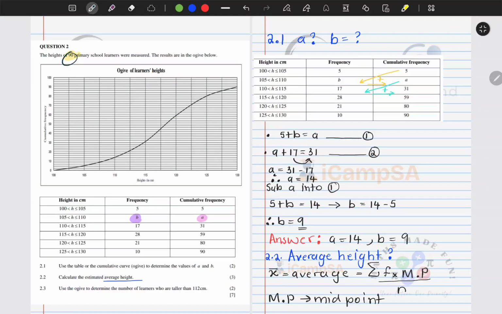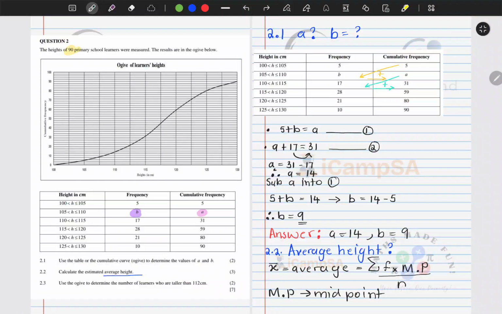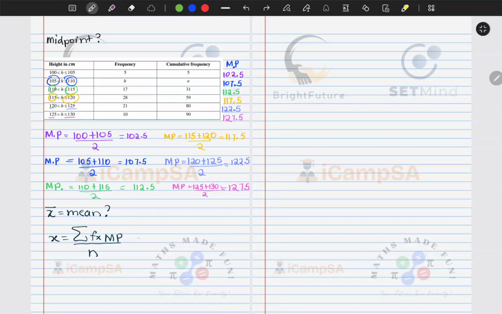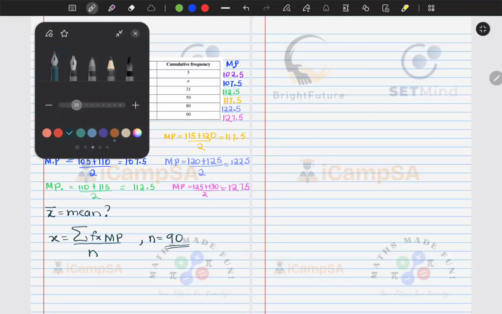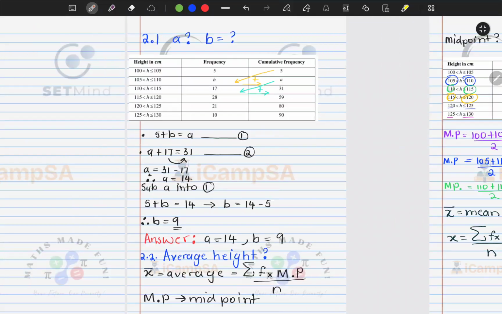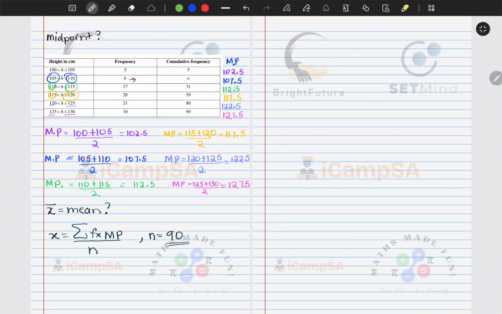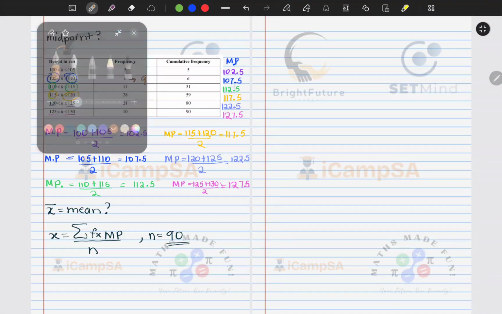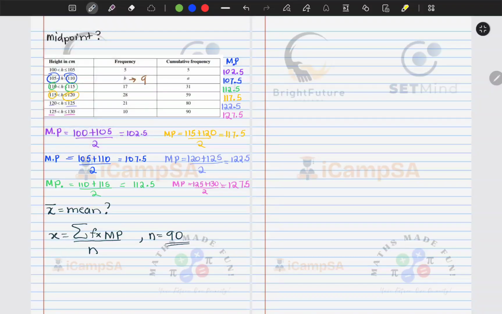We're dealing with 90 learners, so we know that n is 90. For B here, we found it to be 9. So let's go ahead and find our mean.